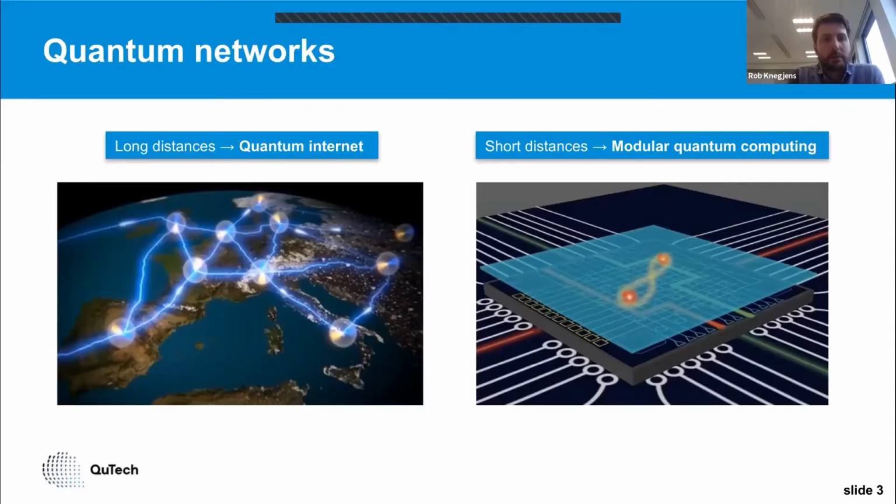Quantum communication allows us to network together quantum devices. And when we do that at long distances, the ultimate goal is to build a quantum internet, an infrastructure for being able to send quantum information between arbitrary locations in the world. But quantum networks are also interesting at short distances in the challenge of realizing scalable quantum computing.